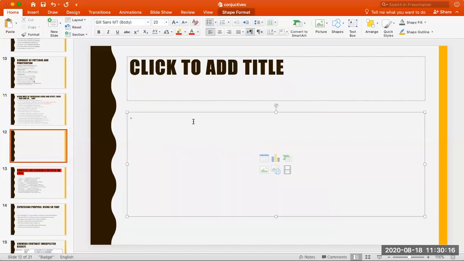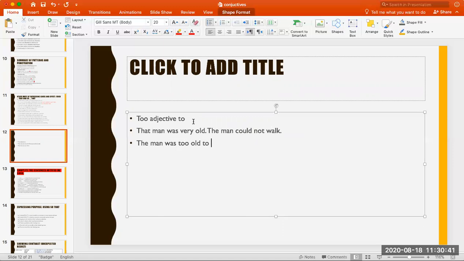Now, sometimes we use too plus adjective plus to. You say, the man was very old. The man couldn't walk. You say, the man, look at this, is or was, because it's in the past, was too old to walk, infinitive.